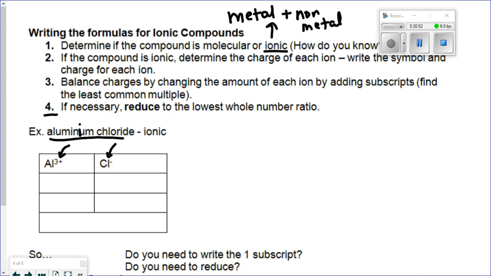So this is part 3 up above. It says balance charges by changing the amount of each ion by adding subscripts. So what that actually means is, if we look at those two things right now, Al 3 plus, chlorine 1 minus, we can't change these charges. These charges are stuck.